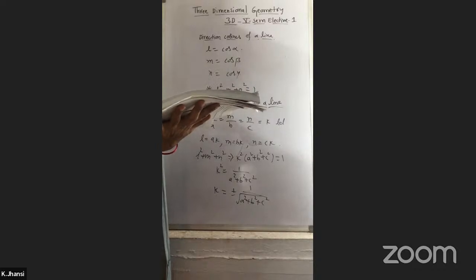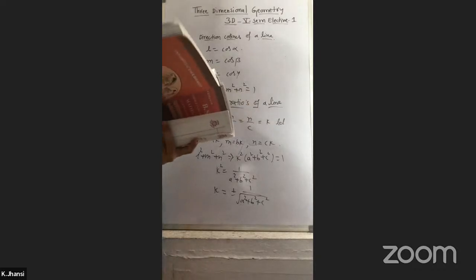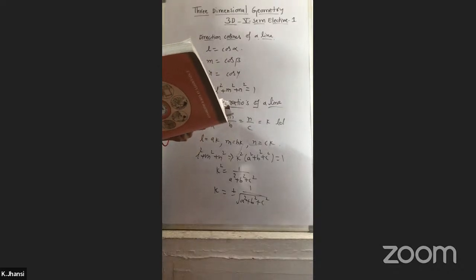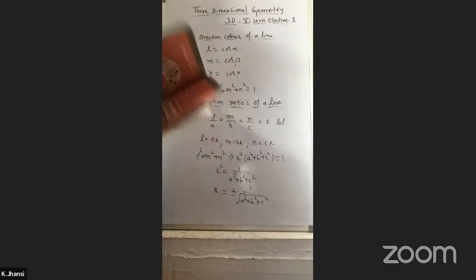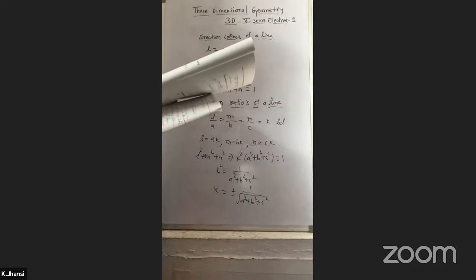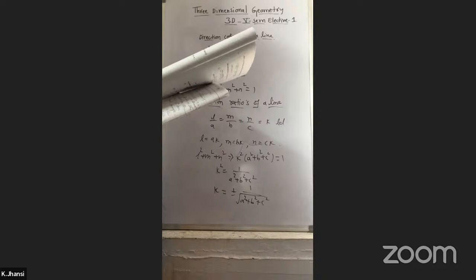Next in this, the angle between two lines. So if A1, B1, C1 and A2, B2, C2 are the direction ratios and theta is the angle, on page number 26, this formula is very important. For finding the angle bisectors in unit 3, this formula only we will use.